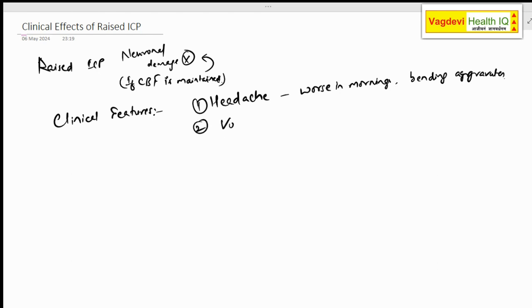Second is vomiting, especially in acute ICP rise, vomiting has been seen. And last is papilledema.